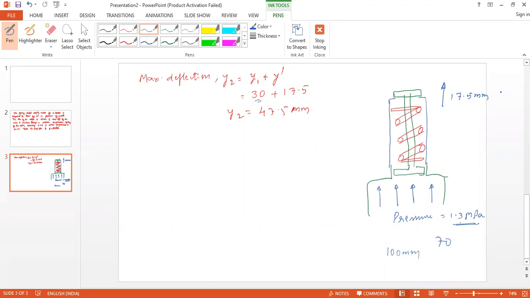So when the pressure has reached 1.3, then it has to start to move. Any doubt? No, sir. So the maximum deflection of the spring is 47.5 mm.